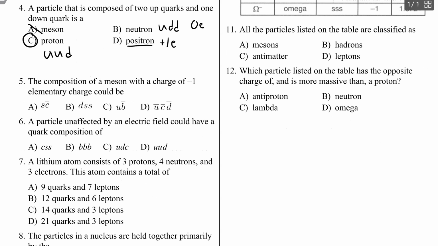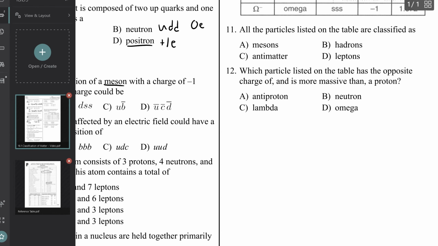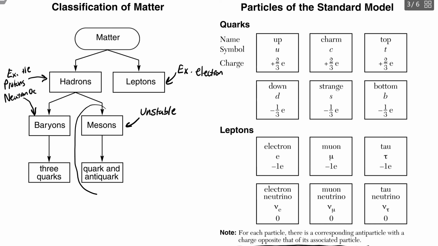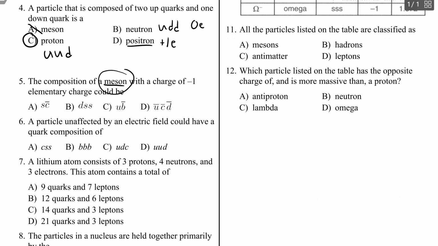The composition of a meson with a charge of -1 elementary charges could be, and then they give you 4 choices. So it's a meson, and you look at your table. Mesons are made of a quark and an antiquark. 2 things, a quark and an antiquark. So we can eliminate some answer choices. Since it's a meson, it cannot be choice B, that's 3 quarks, or D, that's 3 antiquarks.